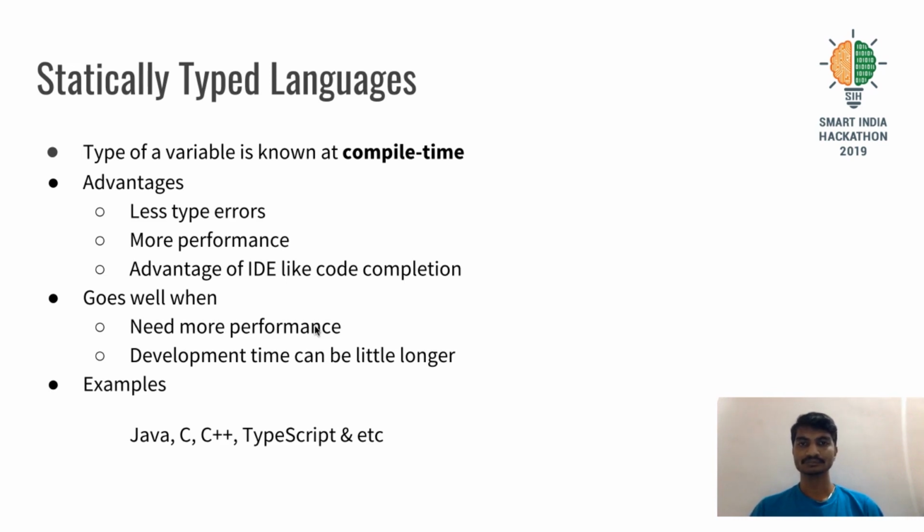So we need to consider this extra development time when choosing the language. Examples of statically typed languages are C, C++, Java, and TypeScript, which is a superset of JavaScript, and so on.